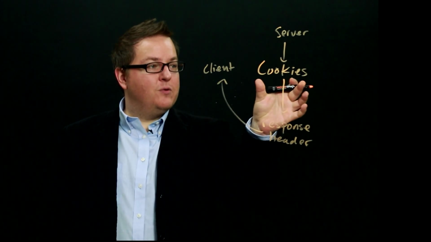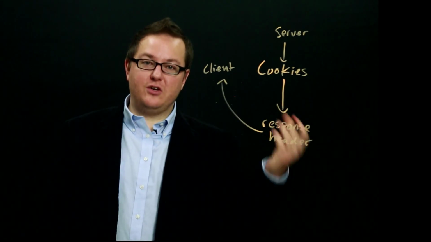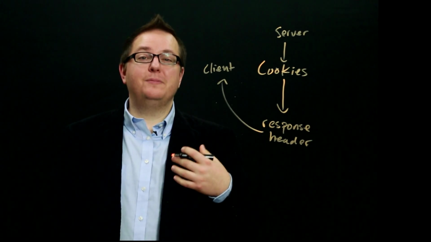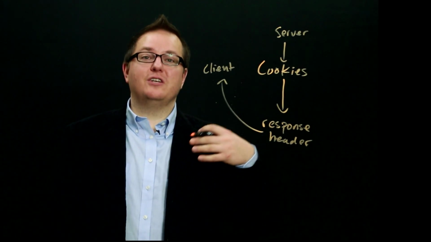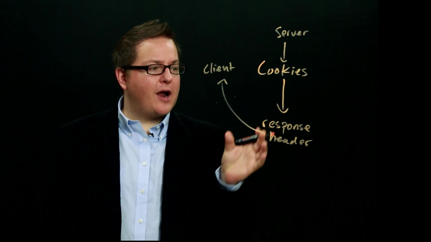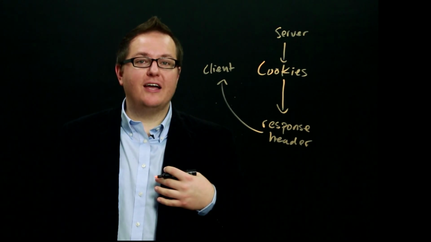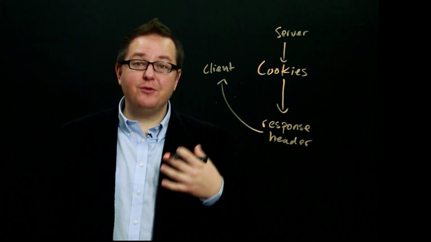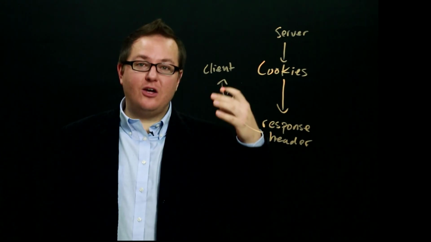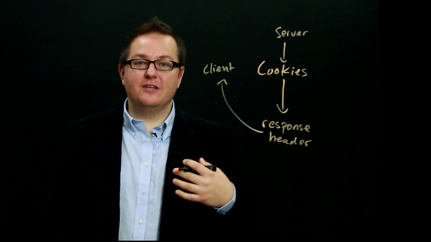But if we want to make sure that a cookie is protected, we can say, for example, client, only send this cookie back to the server if a secure link or an HTTPS communication protocol is being used to talk to the server. So there's a variety of different indications that the server can provide to the client on how to handle the cookie and what is the right way to store it, how long to store it, and when to send it or not send it back to the server.